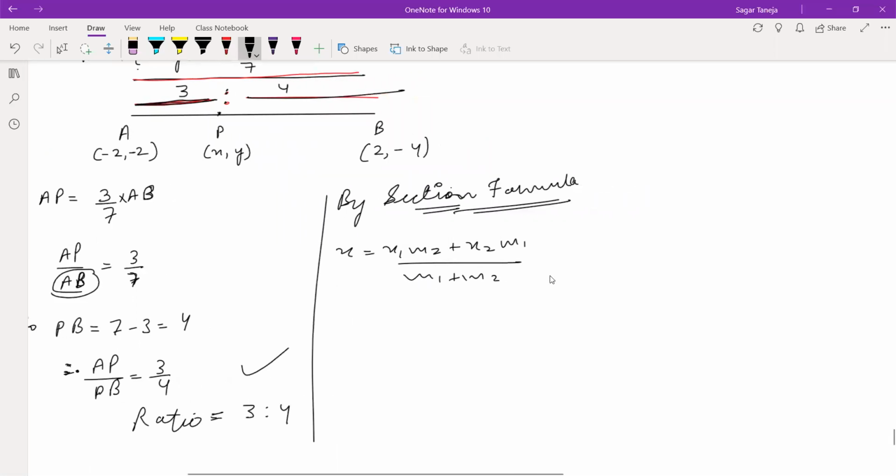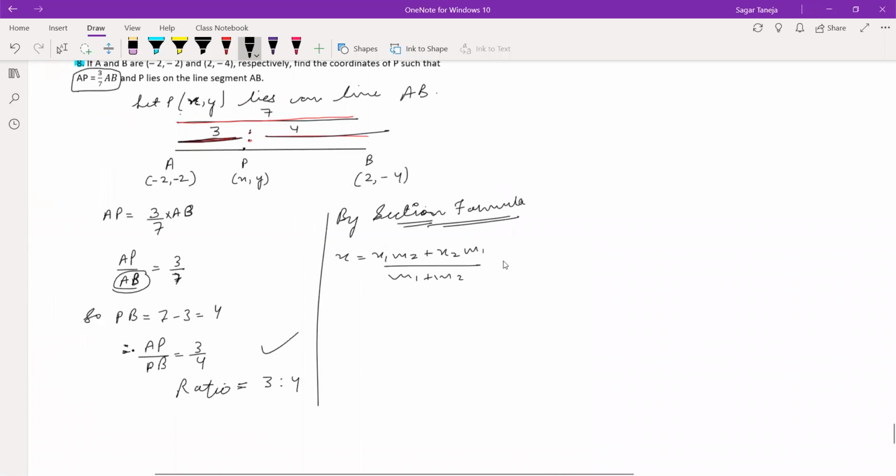The same way, y is equal to y1 m2 plus y2 m1 upon m1 plus m2. Rest is all the same, just we have x1 y1 also, x2 y2 also, to put the values and take out the answer.